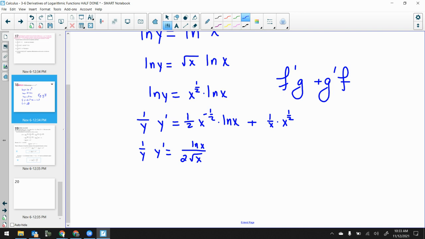So it's ln of x over 2 radical x. Now take a look at this piece. Isn't this just x to the negative 1 times x to the 1/2? So what does that turn into? X to the negative 1/2, right? Negative 1 plus 1/2 is negative 1/2. So that would be 1 over radical x.